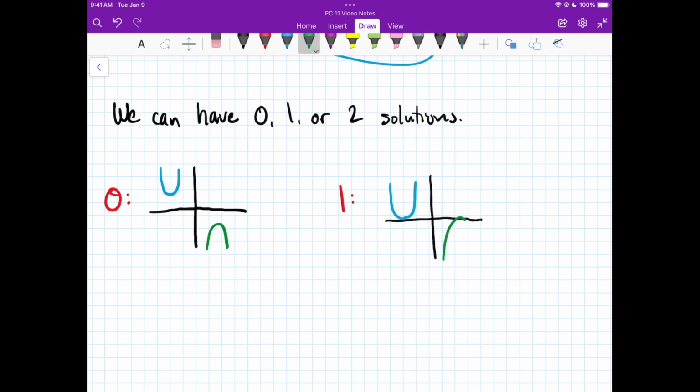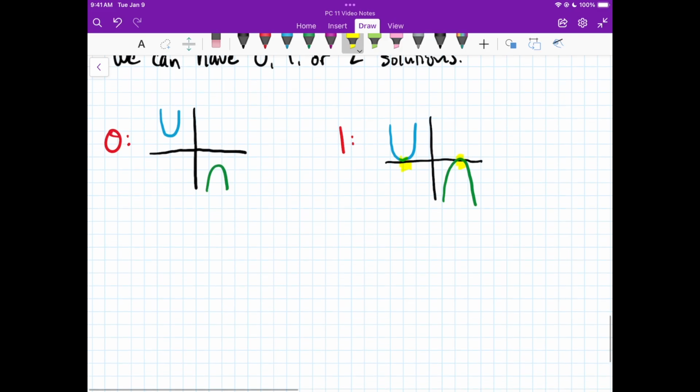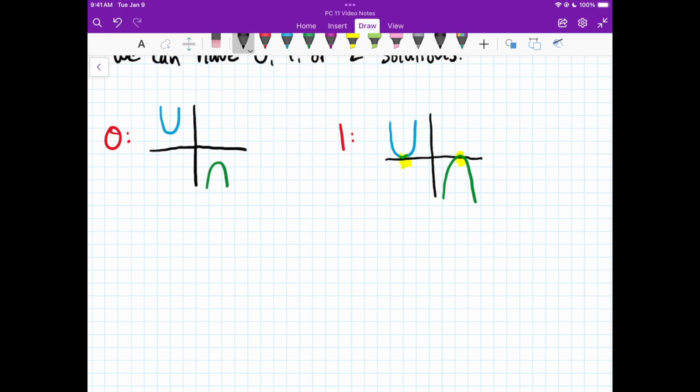Doesn't matter whether it's pointing up or down, whether it's on the left or the right. All that matters is your vertex is on the axis. And then 2 is basically the opposite of 0. So it would look something like this, or like this.